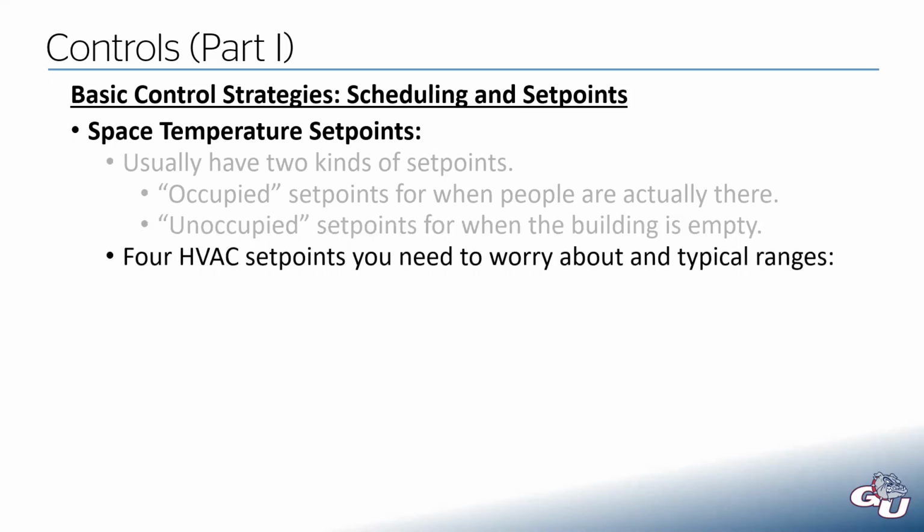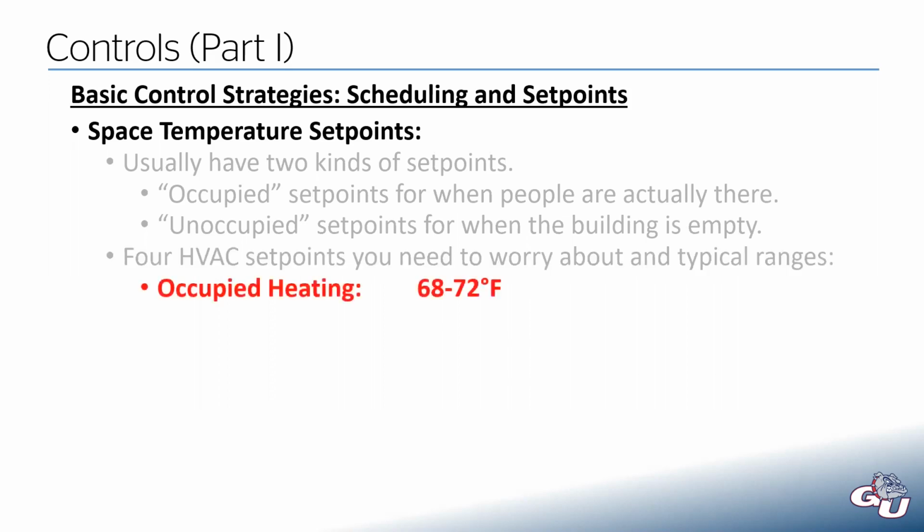And this leads us to four different set points that we typically worry about and the typical ranges. We have our occupied heating, usually somewhere in the 68 to 72 degree range. And then we have unoccupied heating, usually 55 to 62.